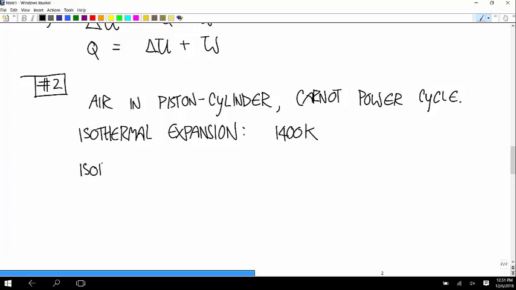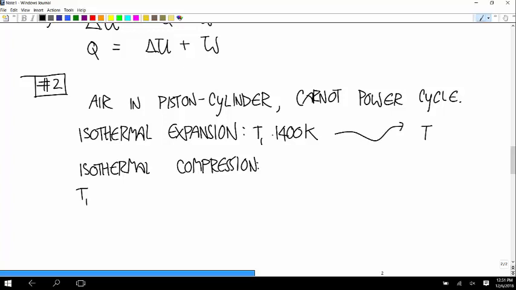The isothermal compression, so it's isothermal, so this is T1 and that's also T2.